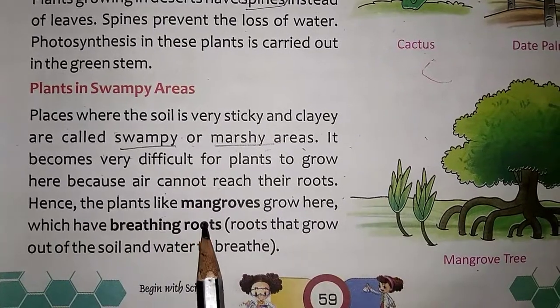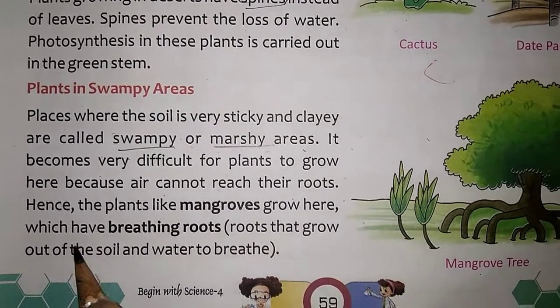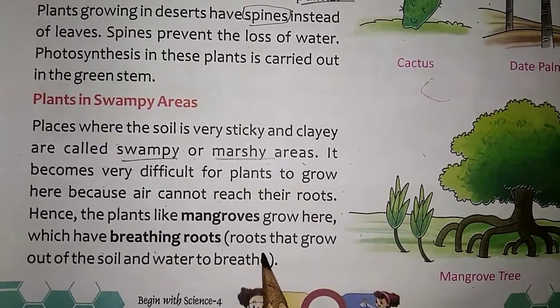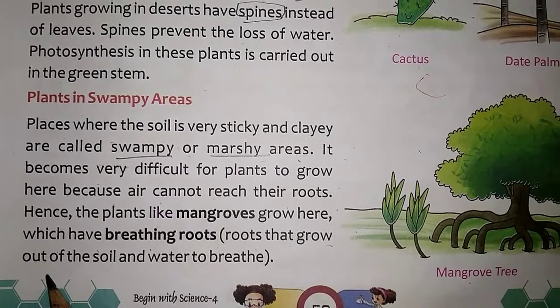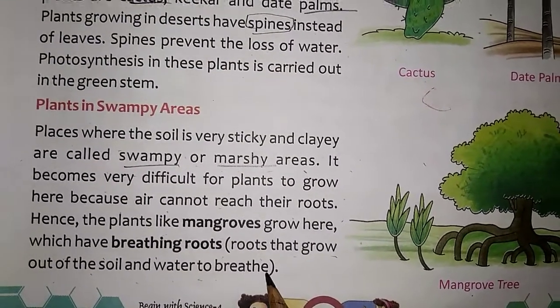Hence, plants like mangroves grow here, which have breathing roots. Roots that grow out of the soil and water to breathe.